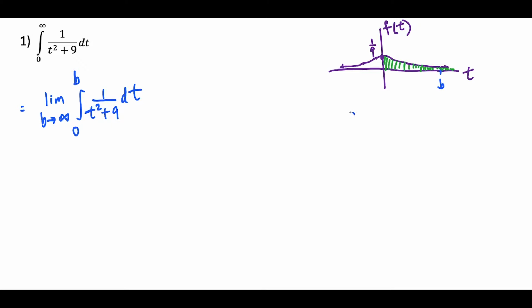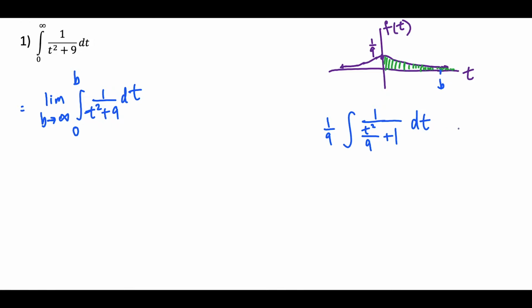So what you could do on the side, I highly recommend doing the antiderivative step on the side. And preemptively, I'm going to factor out a 9 from the denominator. If we take out a 9 from the denominator, we're going to be left with 1 over t squared over 9 plus 1, and then we'll have a dt on the outside like this.